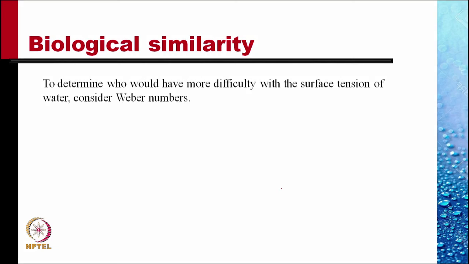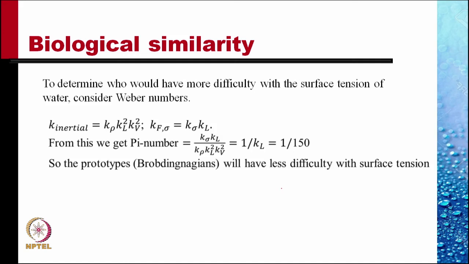To determine who would have more difficulty with the surface tension of water, consider the Weber number. Weber number gives the relation between the inertial forces and the surface tension forces. K inertial, we have established a number of times, is equal to K rho times KL squared into KV squared. And the surface tension force, K f sigma, is K sigma times KL, because surface tension force is sigma times the length.